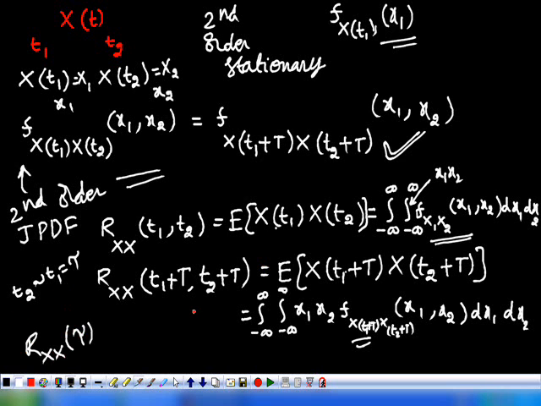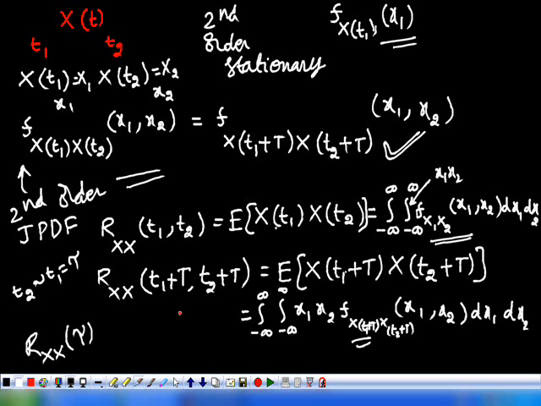In the case of first order stationary, the mean value is constant. The mean value is not varying with time, so it is said to be constant. Here, the autocorrelation function is also not varying with time. So therefore, the autocorrelation function is not a function of time. It is a function of only the time delay between the two times at which we observe the random process.